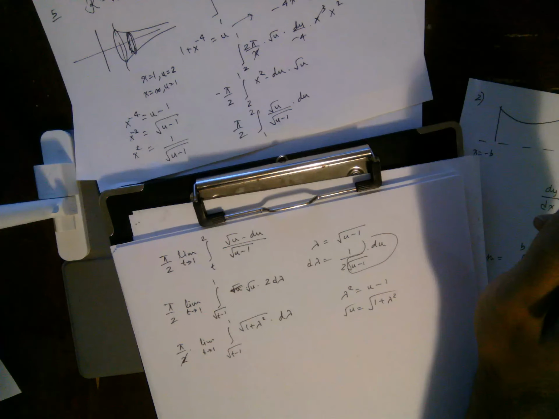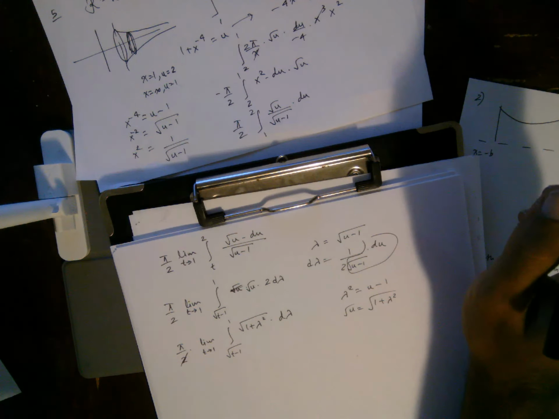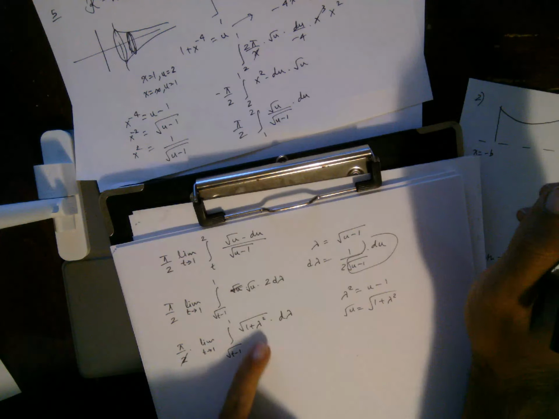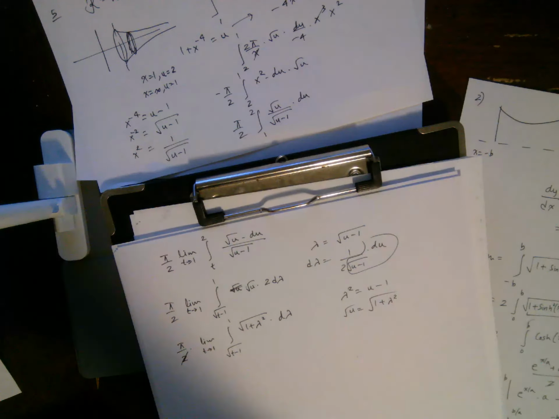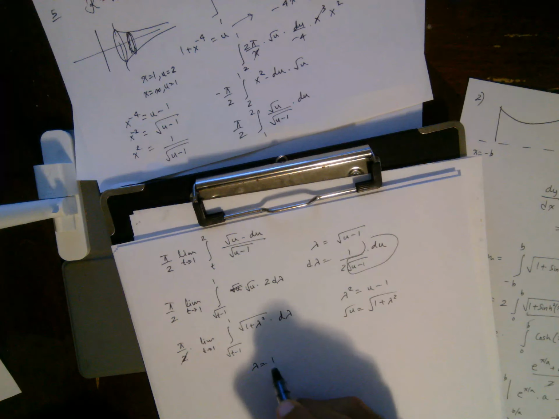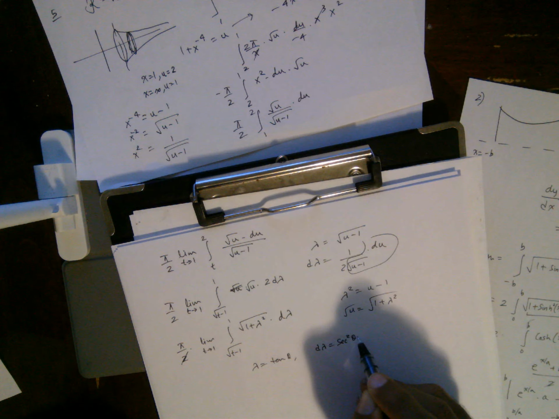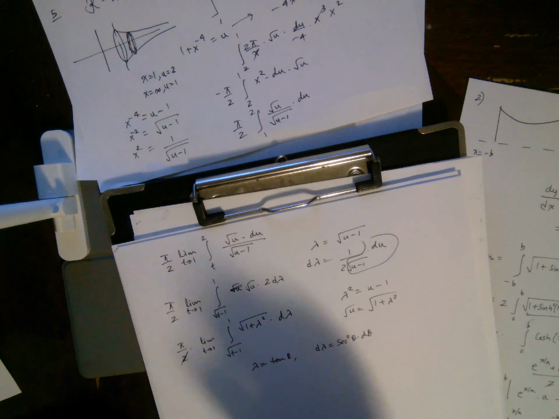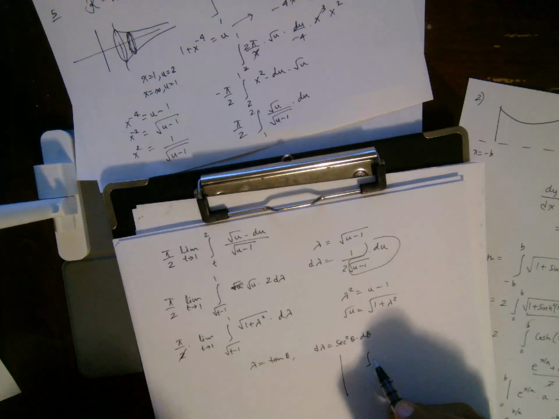Okay, now that's a trig integral which can be solved using tangent. Right, so let lambda equal tan theta, d lambda is secant squared theta d theta. I'm just going to find an indefinite integral.